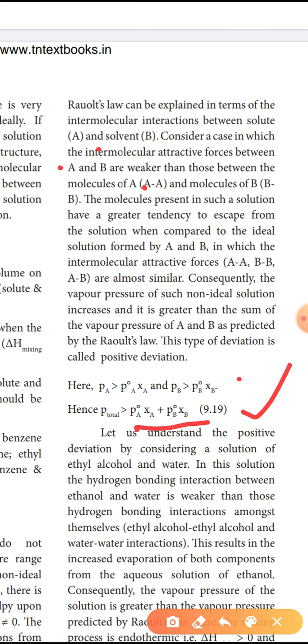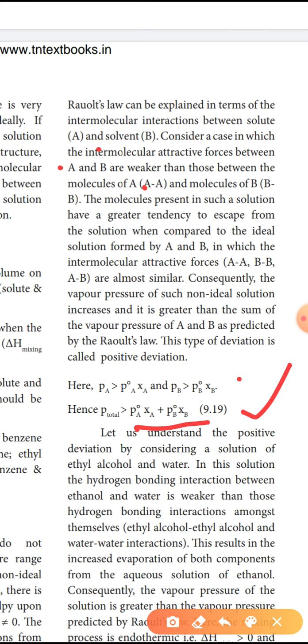Ethyl alcohol bonds with ethyl alcohol, and water bonds with water, by intermolecular attractive force.